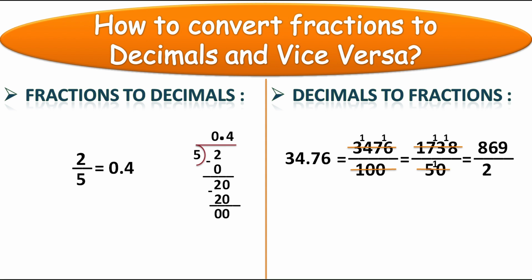So 2 5s are 10. So we got 34.76 as 869 upon 25. Okay.